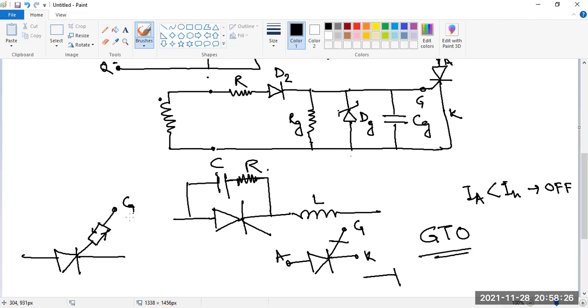So this is the gate terminal. This is the anode terminal. Both the symbols are used. So this is one, this is two. These two symbols are used for GTO. Anyway, we have to stop the class here.